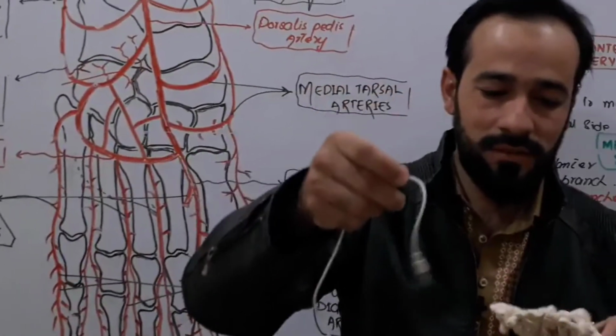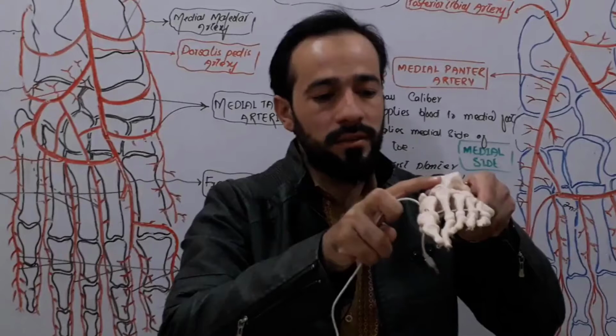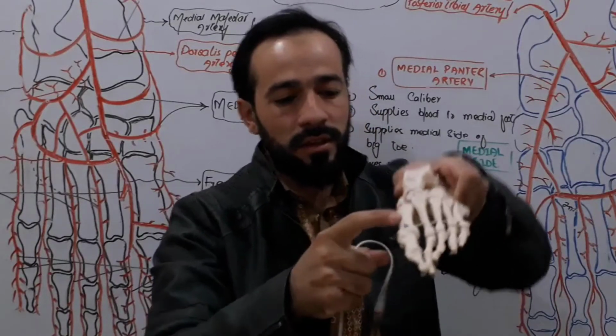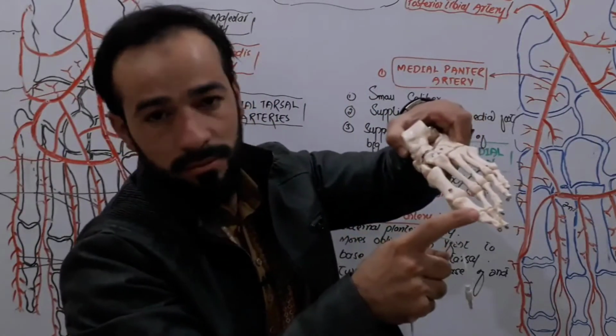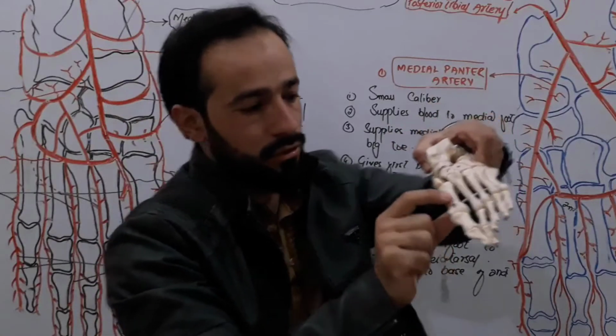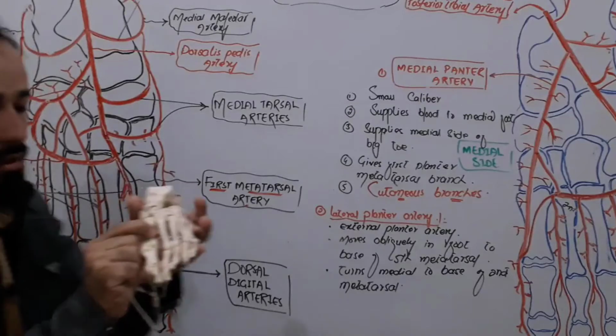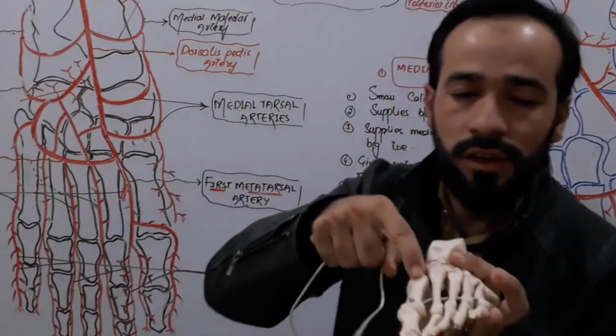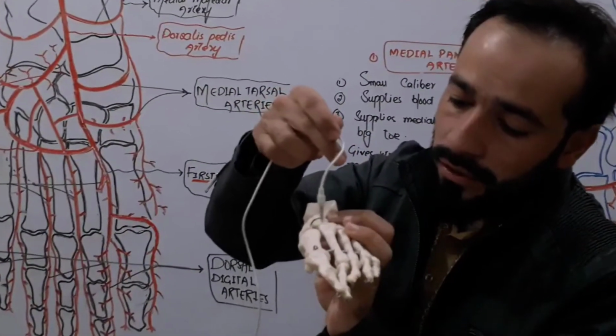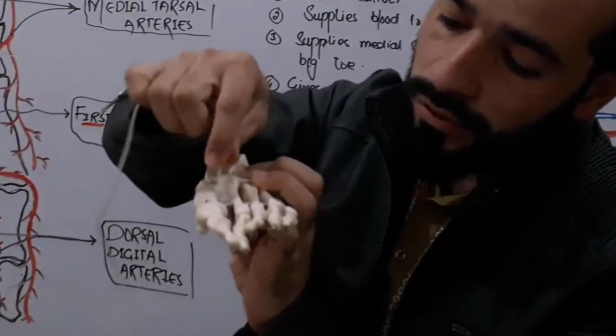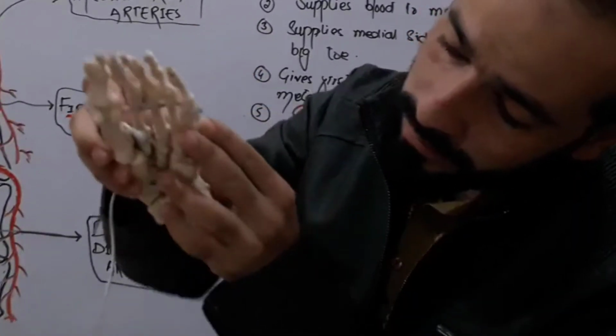Look, here is the dorsalis pedis artery, and then here will be the first metatarsal branch, as this is the big toe, so the first metatarsal branch coming towards the big toe, right? When it comes here, this artery gives a branch like this, and this branch moves in the deep surface of the foot.